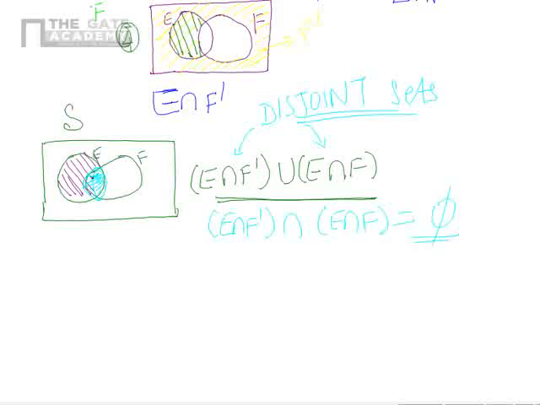See clearly, the blue region is the one which is showing the E intersection F, and the violet color one is showing your E intersection F complement. So clearly these two are disjoint. They don't have anything in common. We are able to see it from the difference in colors itself. Correct? So clearly these two are disjoint sets.